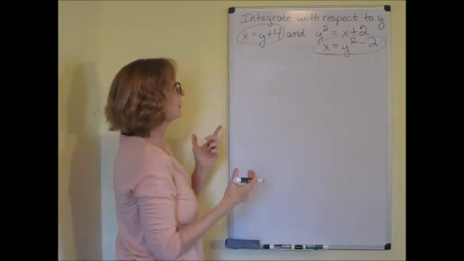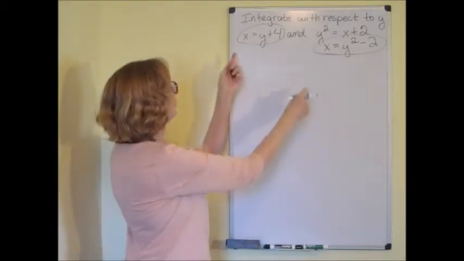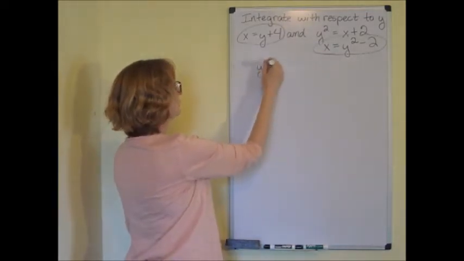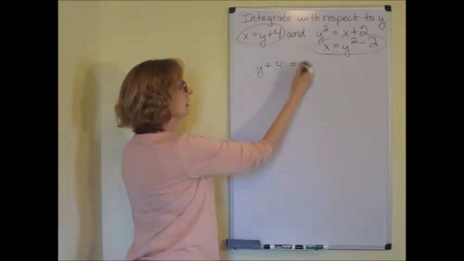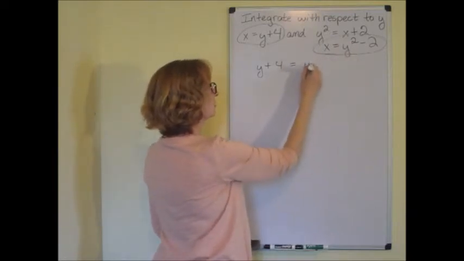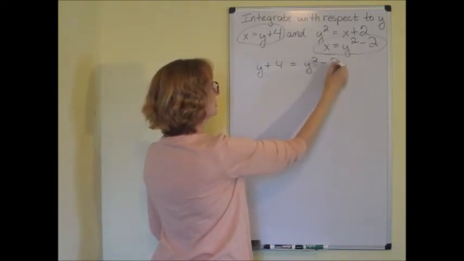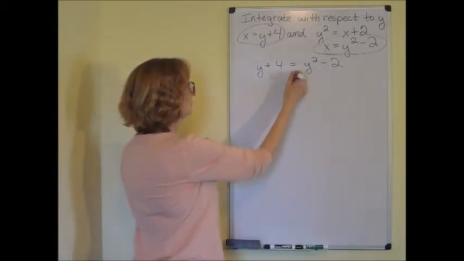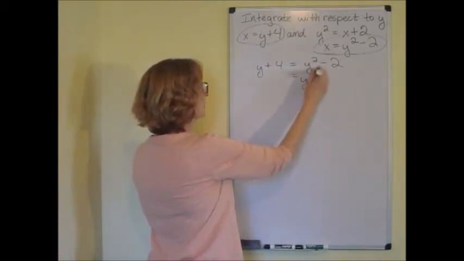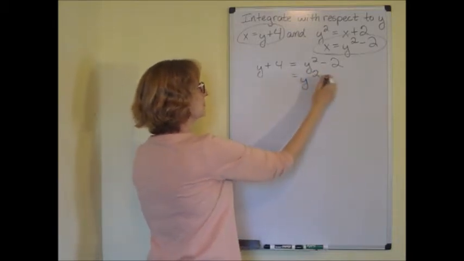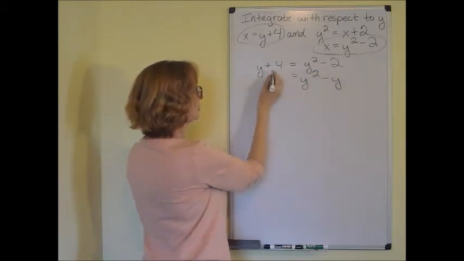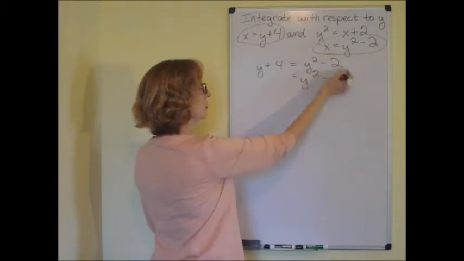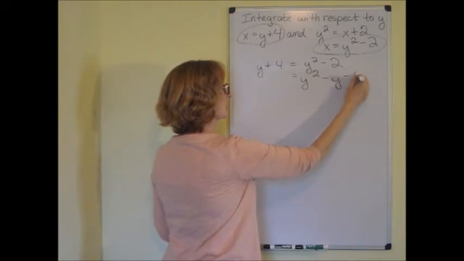Let's find out where these intersect. This time we're setting the x's equal. So y plus 4 is going to be equal to this x, y squared minus 2. Set to 0. I'm going to subtract y, and I'm also going to subtract the 4. So negative 2 and then minus 4 is going to give me a minus 6.